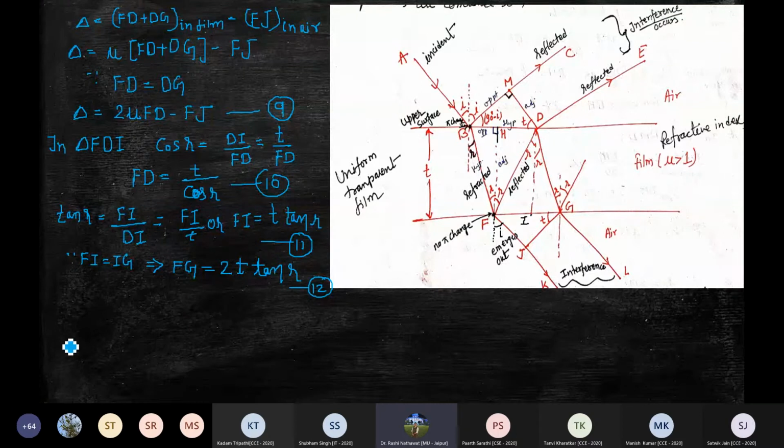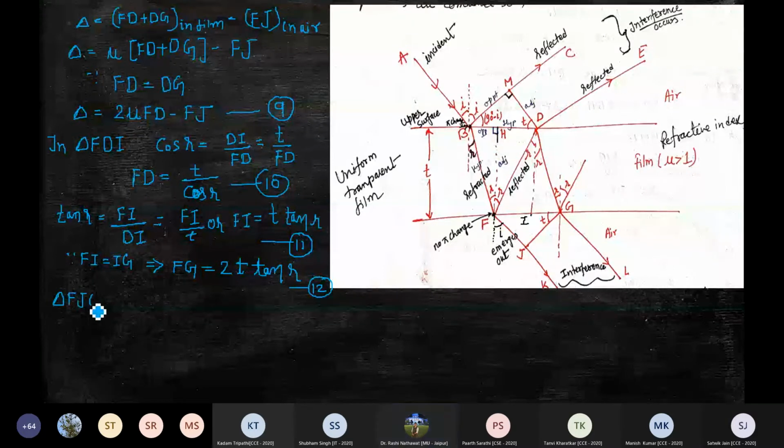Now we'll go to the right angle triangle F, J, and G. We are drawing a perpendicular from G to FJ here.